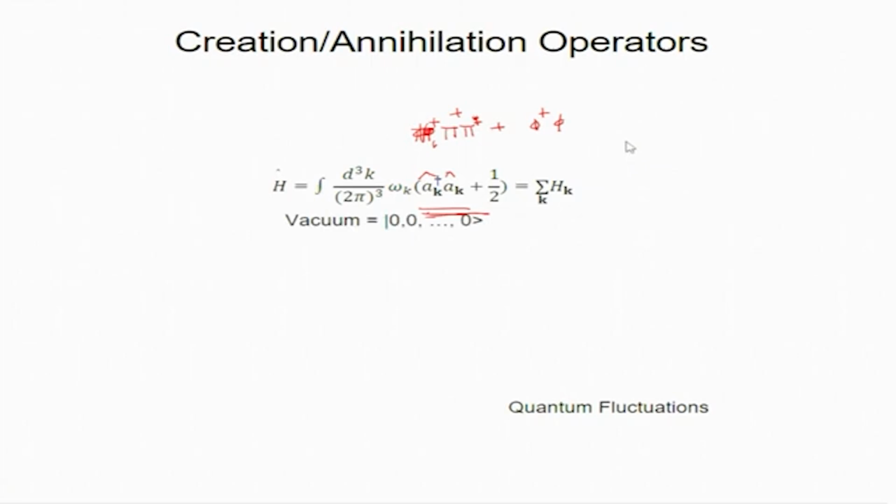So now here we will make a bold step. This integral is a sum of Hamiltonians for many oscillators. As I said, each wave number k has an oscillator, and we are just summing up over many wave numbers. Now postulate that there is a vacuum state. For every k, it is very similar to what you do for oscillators, but do not think like that.